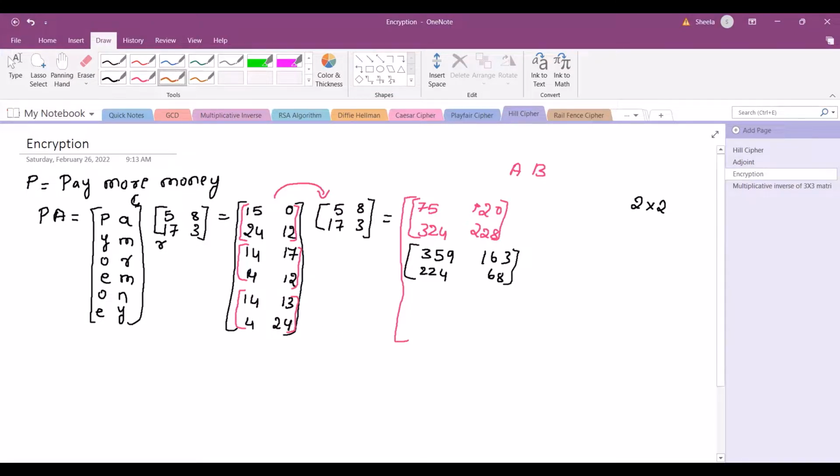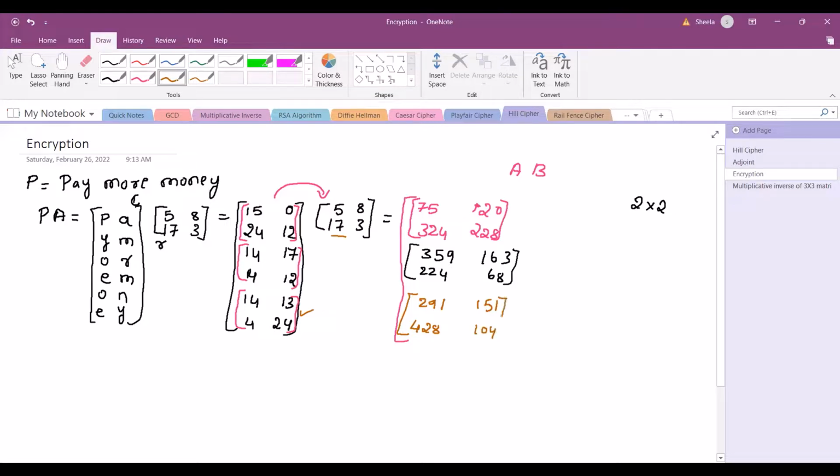Now you multiply the third matrix with the corresponding key matrix. So we are going to get the third matrix as 291, and then it is 151, and next the value is 428, and then we are going to get 104.